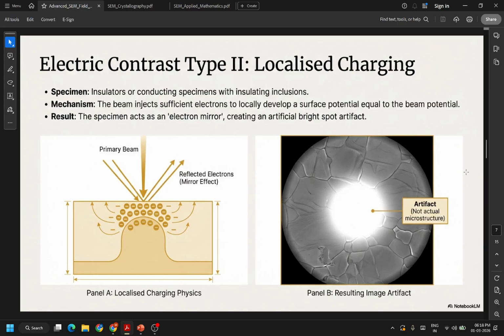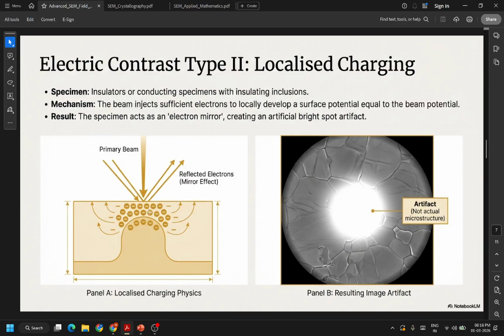Next is localized charging. This happens either in insulators, or you can take conducting samples and cover them with insulators. What happens is when you shine an electron beam on it, the electrons enter the insulator and stay on the surface.